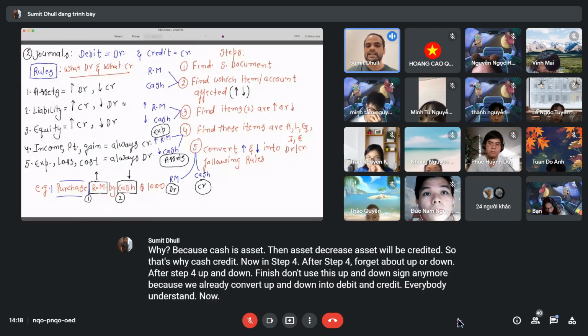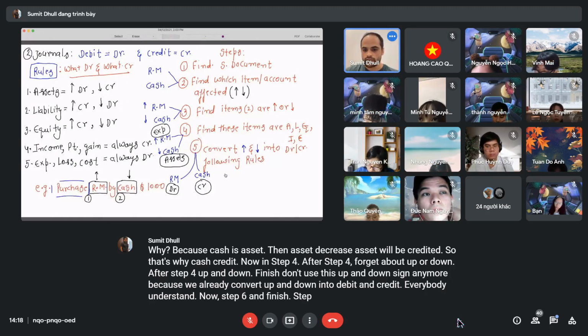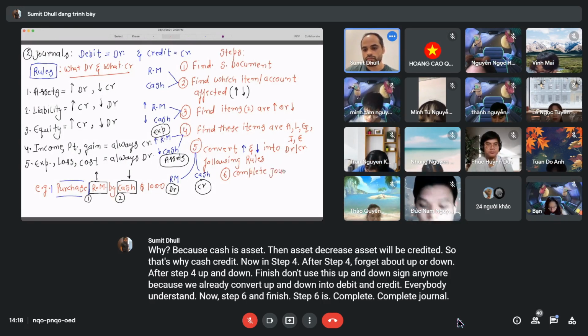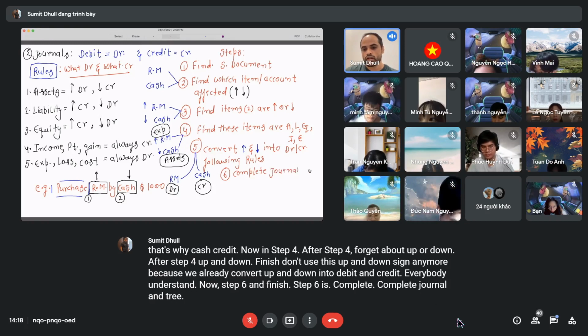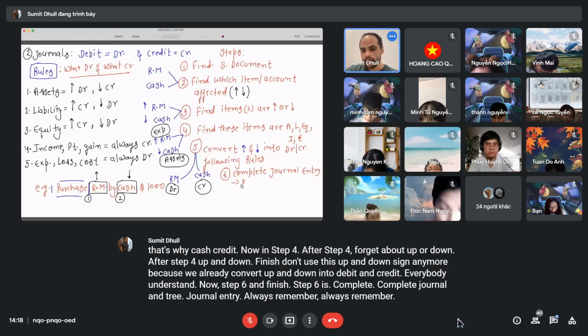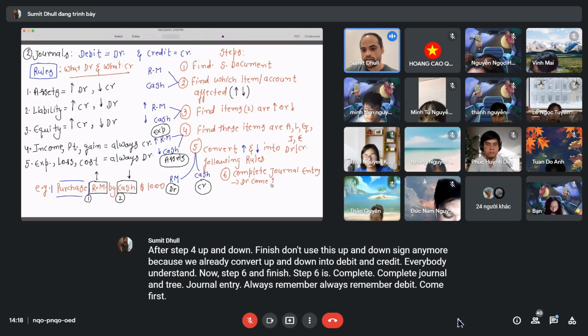Now step 6 and finish. Step 6 is complete the journal entry. Always remember, debit comes first, then credit.